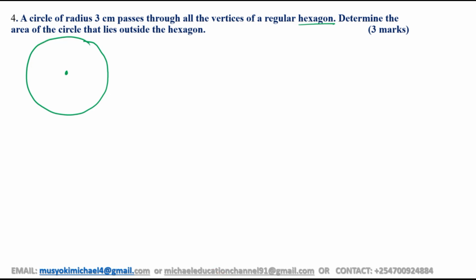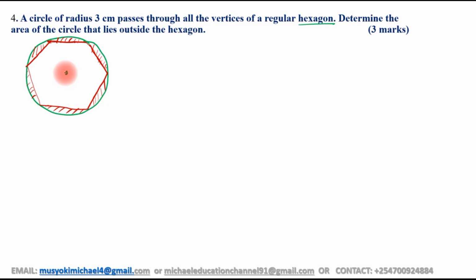So therefore, this is the hexagon I'm drawing. So we are required to find the area lying outside the hexagon, and this is the area which lies outside the hexagon.